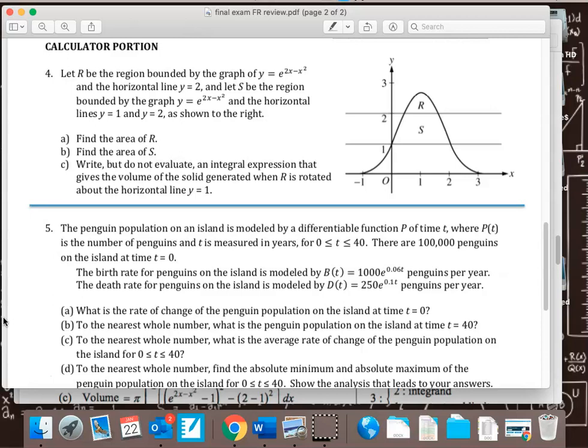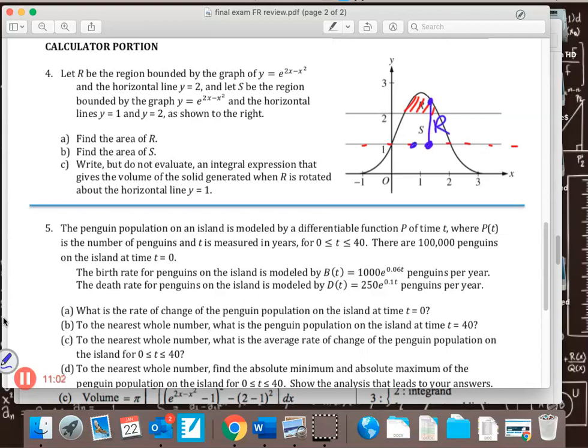All right, the last part. Write an integral expression that gives the volume of the solid when R is rotated about the line y equals 1. So we're revolving this region about that line. What method is this? Washer. Tell me why we don't use shell. Vertical axis. Vertical axis is best for shell. Yes. Okay. So for this washer, you start at your axis. You go up to the farther away boundary.